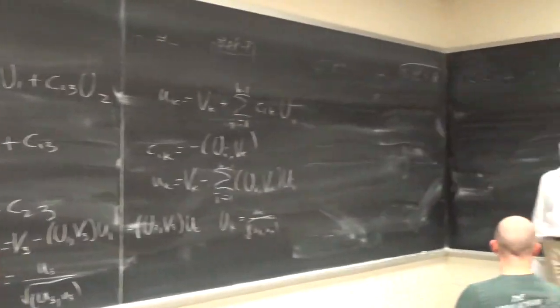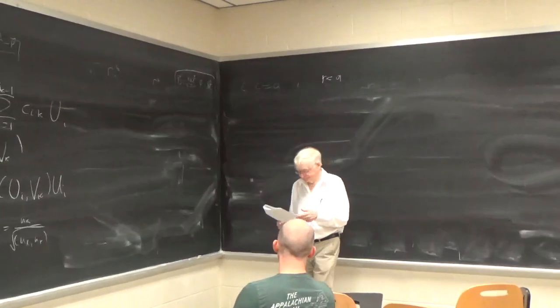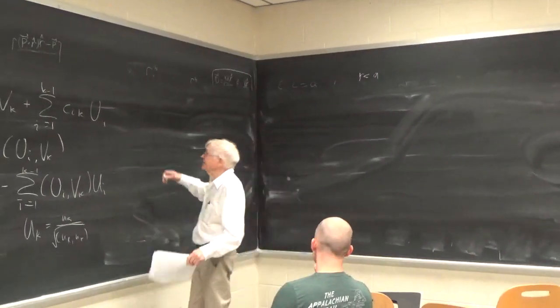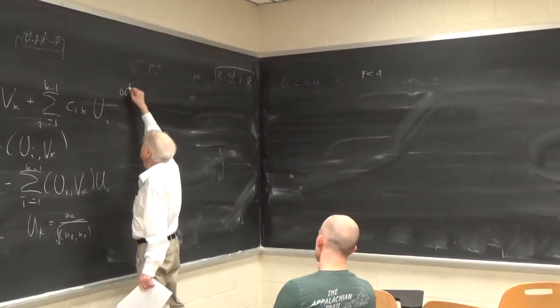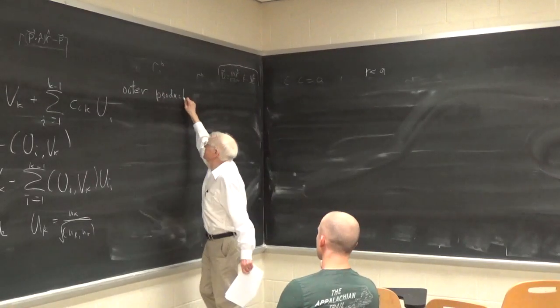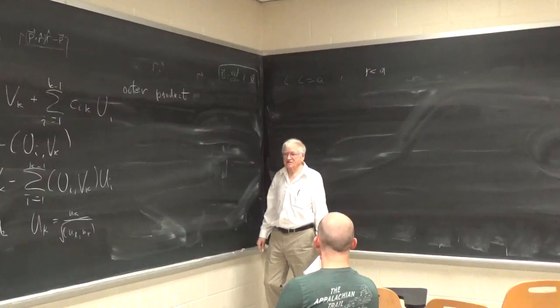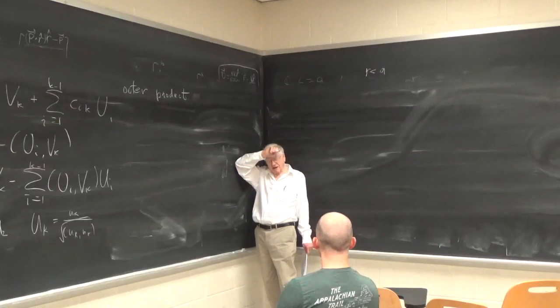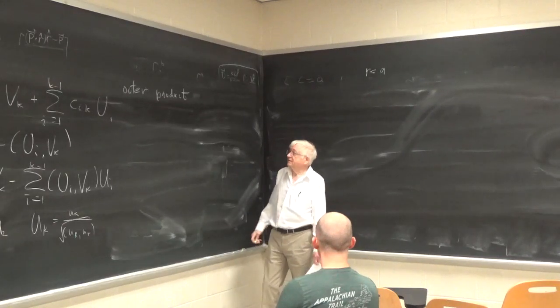All right, now let me go to something that I mentioned briefly last time and mentioned more in the problem session, and that's the idea of an outer product. We talked last time a lot about inner products, which you learn about a lot in math courses in college.